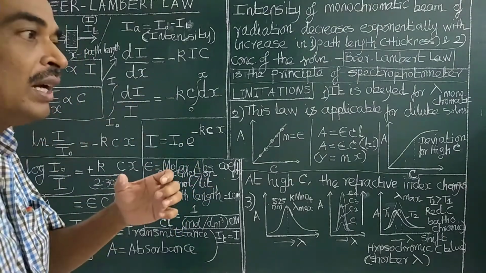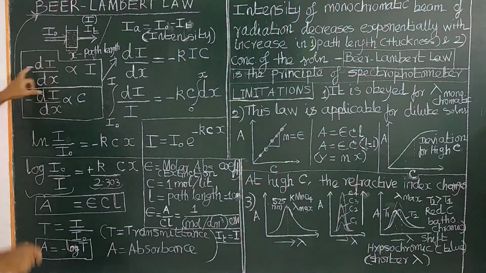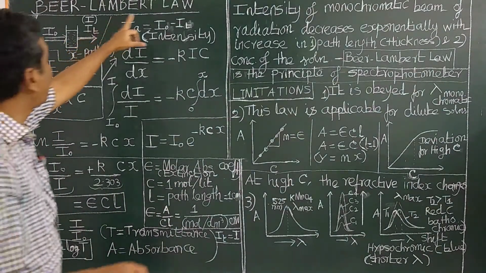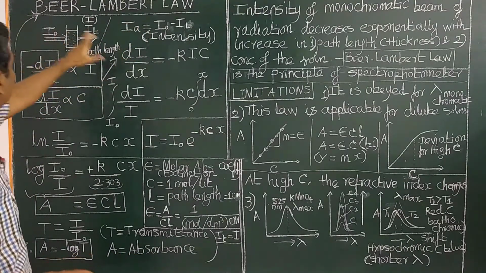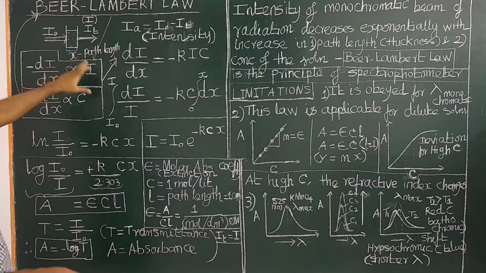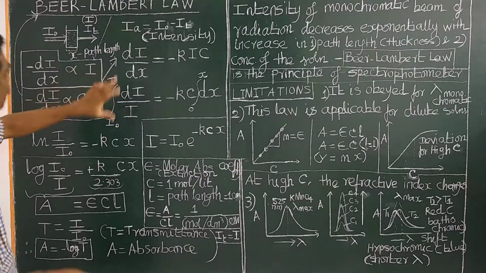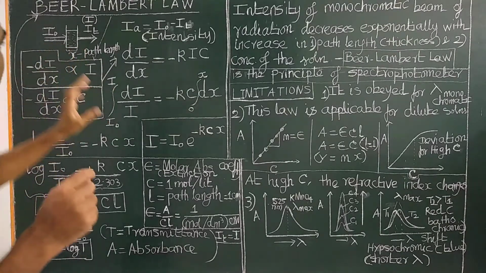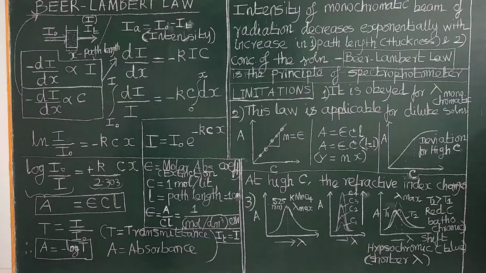According to Lambert's law, the decrease in intensity of the light beam with respect to path length is directly proportional to I, the intensity of the light beam. This is similar to a rate law expression.